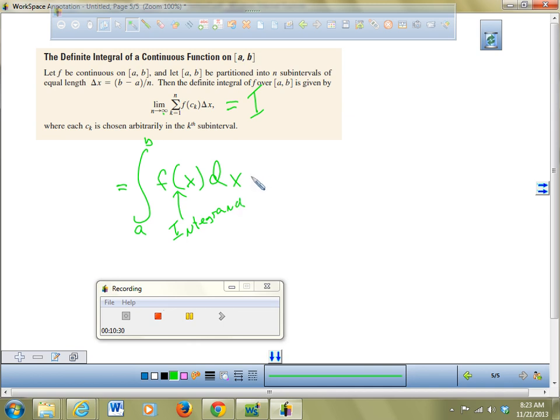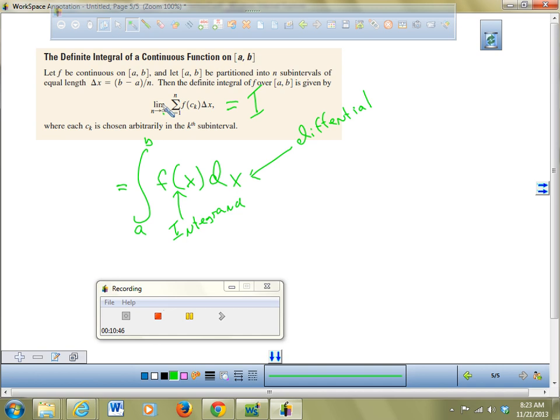This is the same as what it was called in the differentiation chapter. This is called the differential. This thing is called an integral symbol. Notice that it looks kind of like this, except it's smooth. Why do you think it looks kind of like that, except it's smooth?